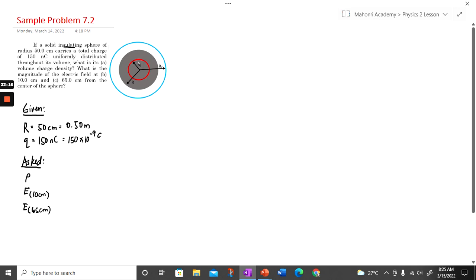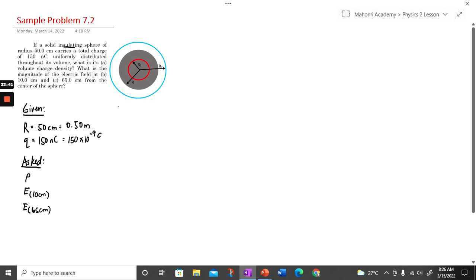The drawing is already given to you. This fully blocked gray circle is your insulating sphere with a radius r, and you have your first Gaussian surface with a 10 centimeter radius, and another Gaussian surface, R2, with a 65 centimeter radius.